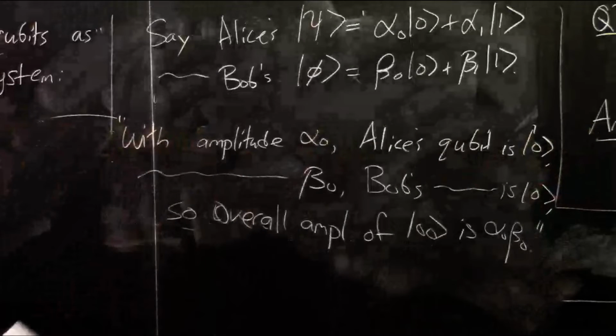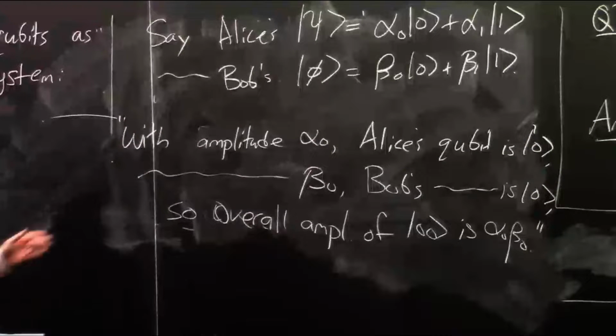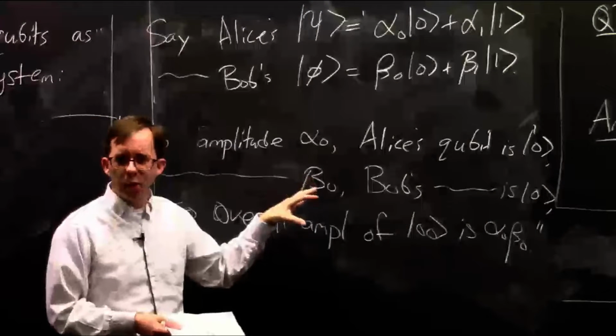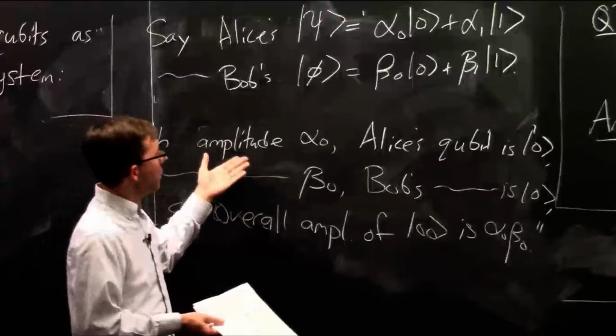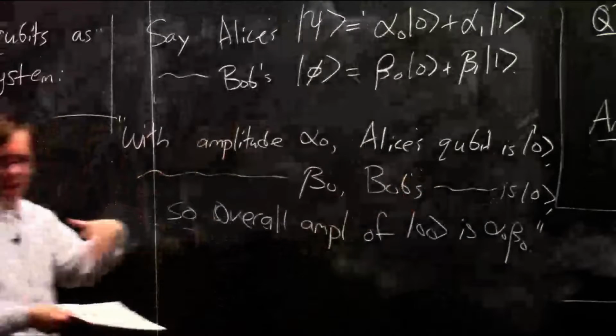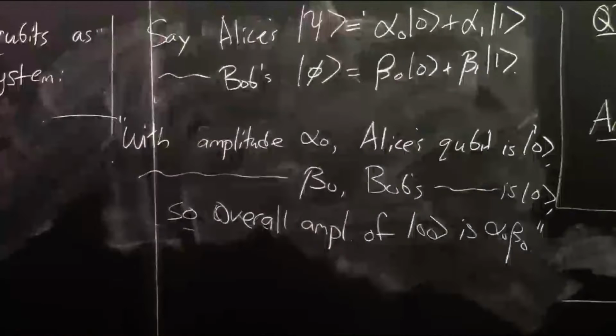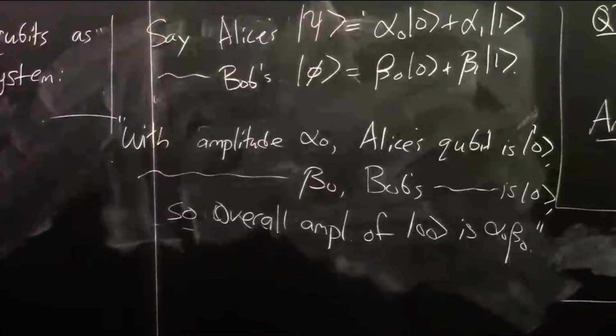OK, so I put this phrase in quotes because it's not exactly meaningful per se. It's not really correct to say. These are not probabilities, so it's not exactly meaningful to say this. But this is just a phrase you can say to yourself to remind yourself of the correct mathematical rule.